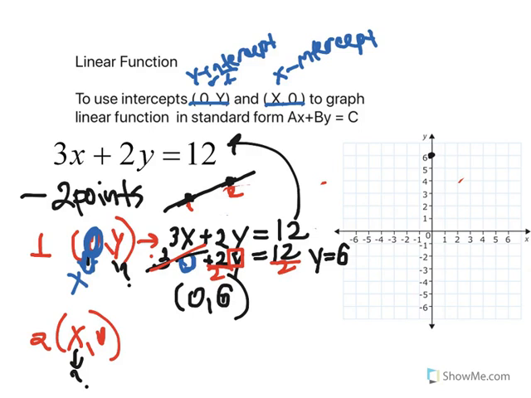Here you go. Now my second point, I'm going to again use my concept of x-intercept, where the y is always equal to 0. Plug this value for y in this equation.